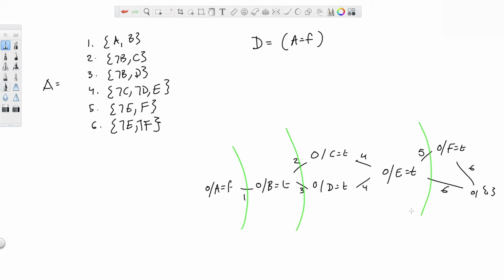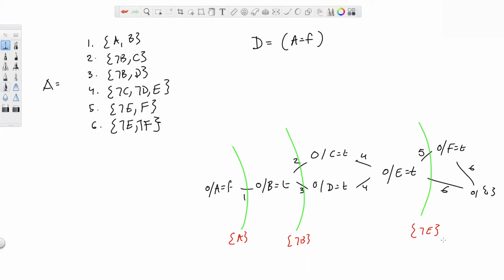There's more, but if we look at these, these are the ones that would lead to asserting clauses, all right? This one would lead to the asserting clause A, this would lead to the asserting clause not B, and this would lead to the asserting clause not E. These are the 3 asserting clauses.